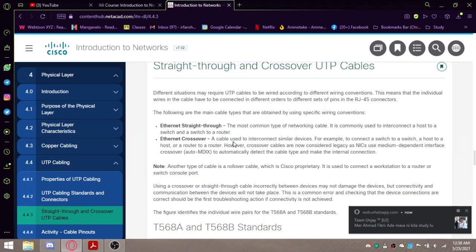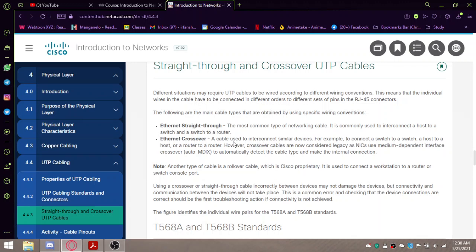However, crossover cables are considered legacy as NICs, network interface cards, use medium dependent interface crossover, which is auto-MDIX, to automatically detect the cable type and make the internal connection.